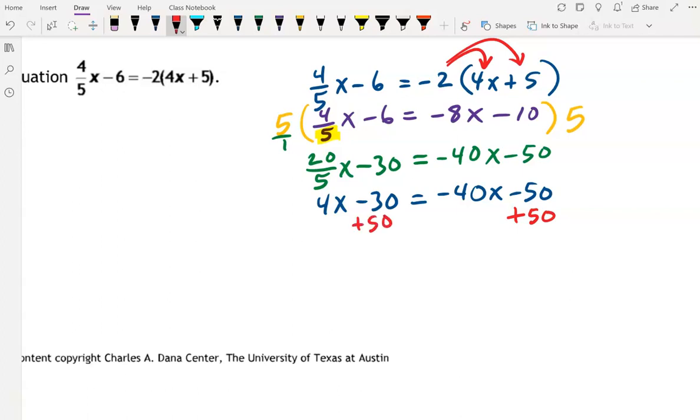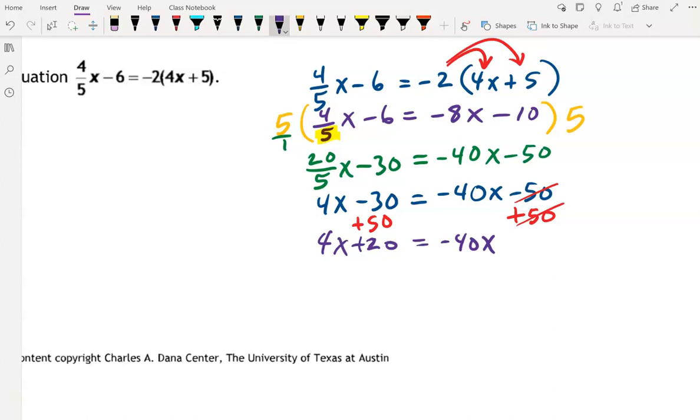When I do that, of course, that negative 50, that positive 50 cancel each other out, leaving me with negative 40x. Now, negative 30 combined with positive 50 is going to give me a positive 20. Because negative 30 and positive 50, that makes 20. And my 4x just comes right on down. Now, I have moved all my constants from one side to the other successfully. That makes me very happy.